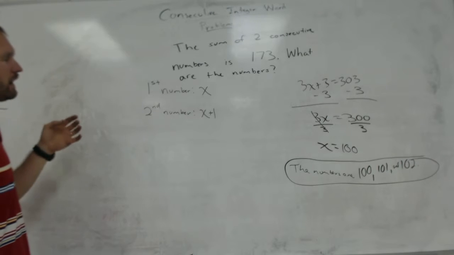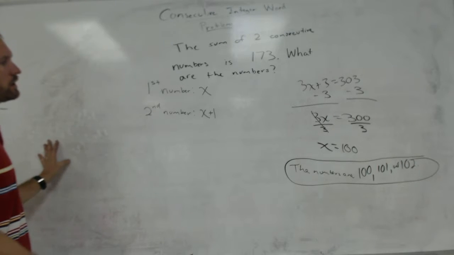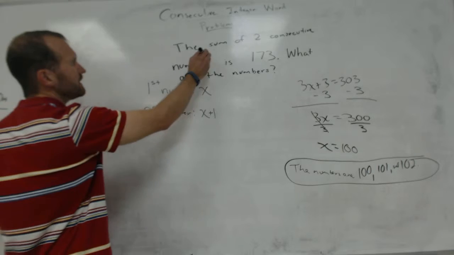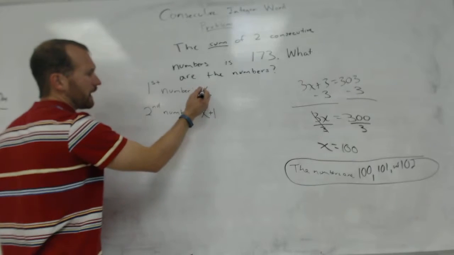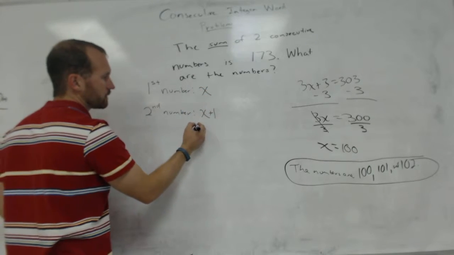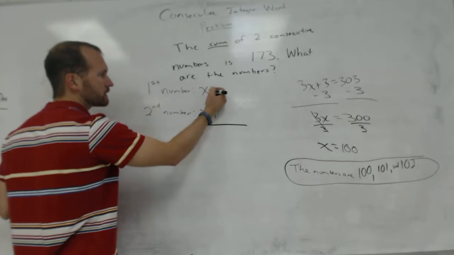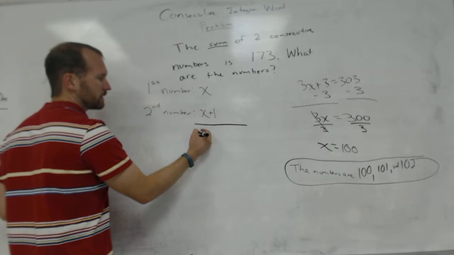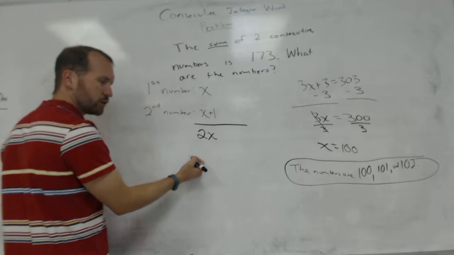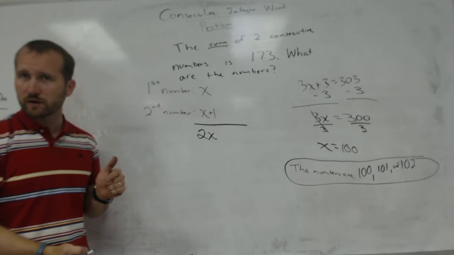Okay, how do we do this? How do we write this as a mathematical statement? They said the sum, so we're going to add up this and this. X and x makes 2x. You guys agree?